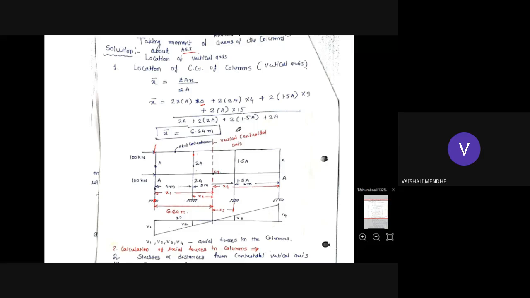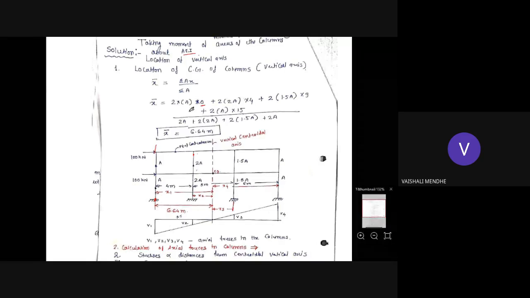So whole area of the frame, both the column members: the area is twice A plus 2 into twice A, that is 4A, plus 2 into 1.5 A, plus 2A. Okay, if you solve this, you will get the centroid of this frame, and that centroid is located 6.64 meter from this reference line of this column member. यहाँ से centroid locate किया है at a distance of 6.64 meter.